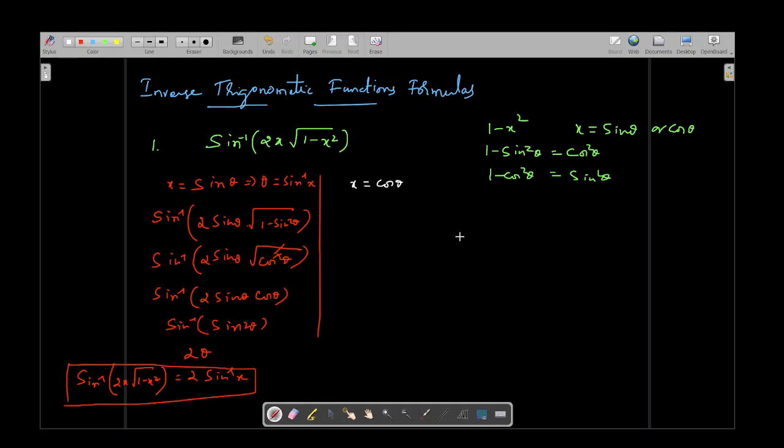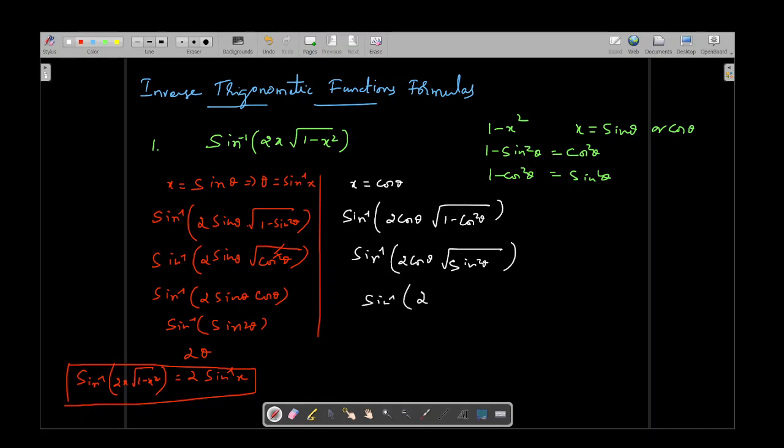And let us see what happens if I put cos theta. I'll get sine inverse of 2 cos theta into square root of 1 minus cos square theta. So I'll get sine inverse of 2 cos theta into square root of sine square theta, and this is sine inverse of 2 cos theta into sine theta, since sine square theta under square root becomes sine theta.